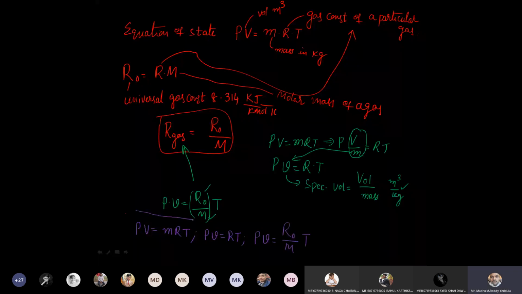Are these three equations clear for everyone? Yes, sir. Clear. Where R naught is the universal gas constant, M is the molar mass or molecular mass, so R naught by M is equal to the gas constant of a particular gas. Now I'm going back to the slide.